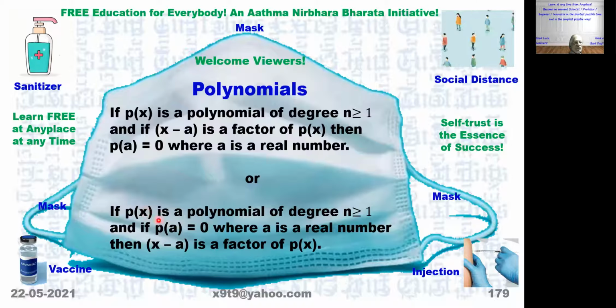So if the value of the polynomial P at the point x equal to a is 0, then this x minus a we can write as a factor of the polynomial P(x).